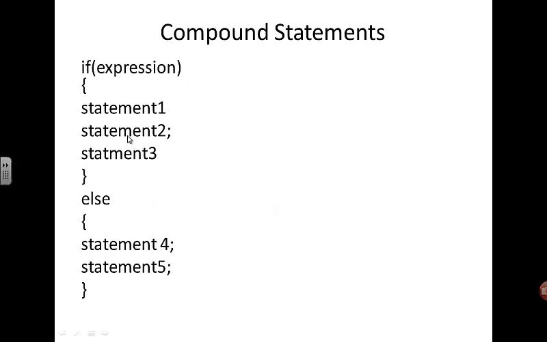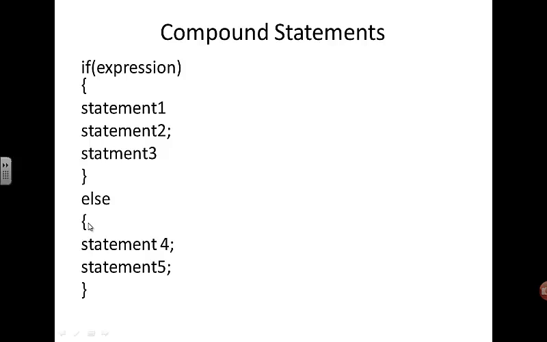Now, what if I wanted to do more than just one statement? Well, we can do that. We use what we call a compound if statement. So what you do, you change the syntax a little. You would add a brace at the end of that if statement there, and then at the end of the content, you add the closing brace.